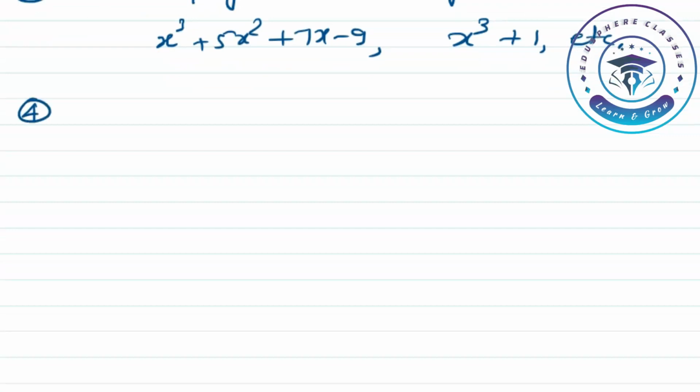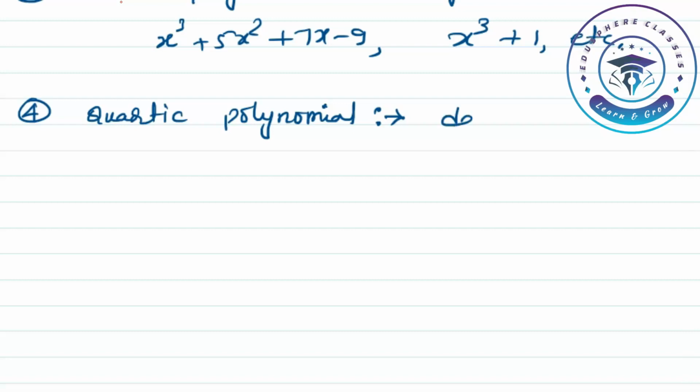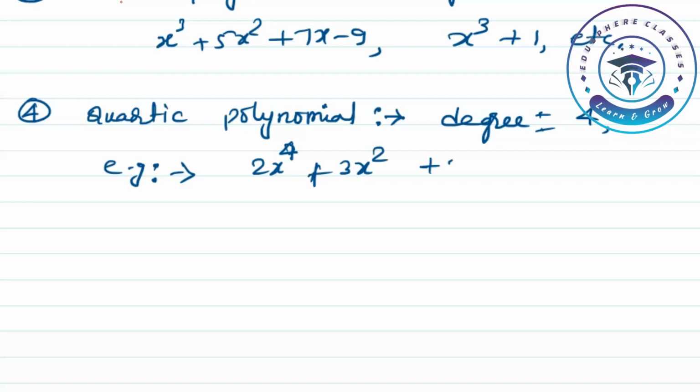Number 4, quartic polynomial, where the degree is 4. An example we can give is 2x to the power 4 plus 3x square plus 5, where the maximum exponent will be 4.